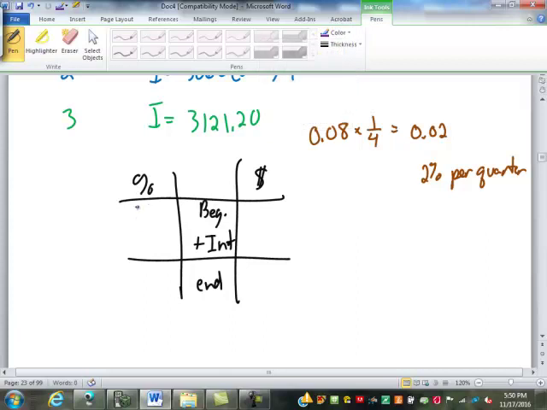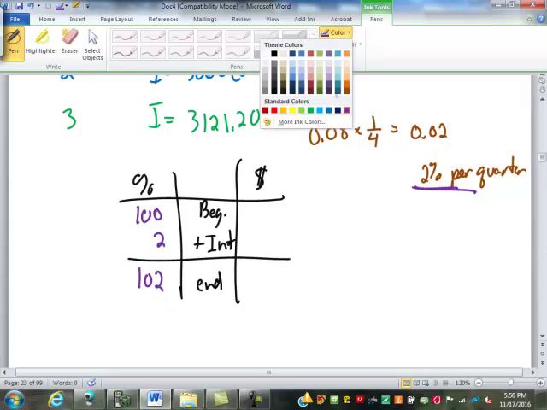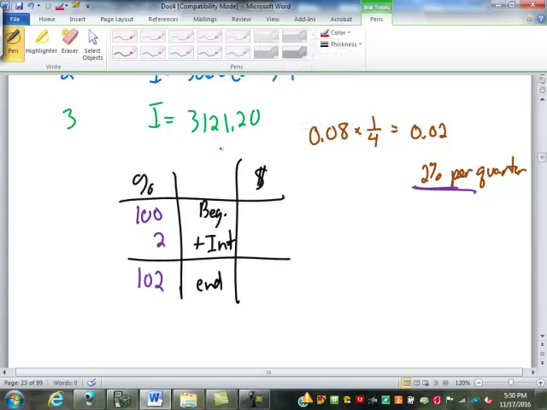We started out, the beginning balance was 100%. For adding 2% per quarter, the ending balance is 102% of what we started with. So rather than finding the 2% each quarter and adding it on, we could find 102% each quarter.